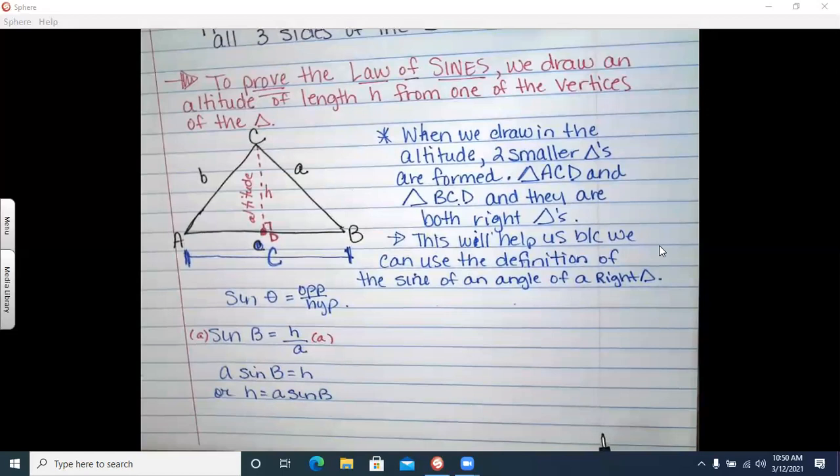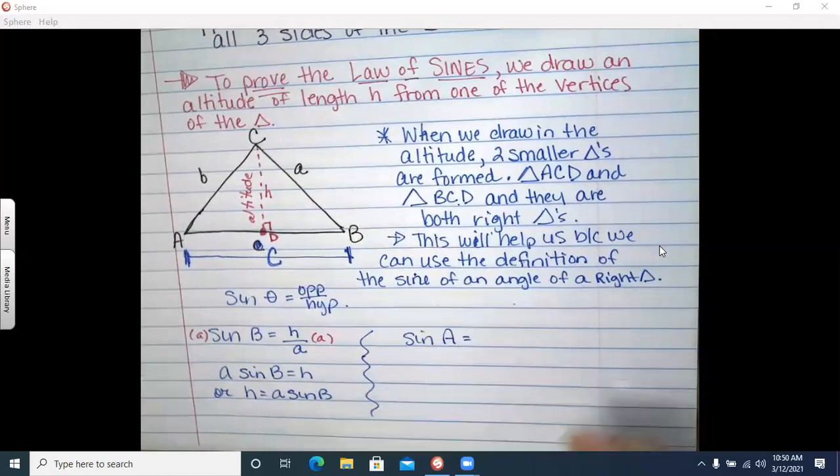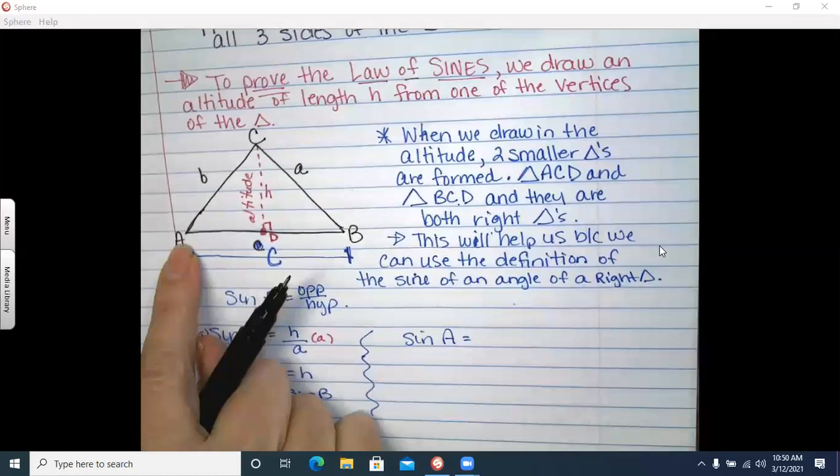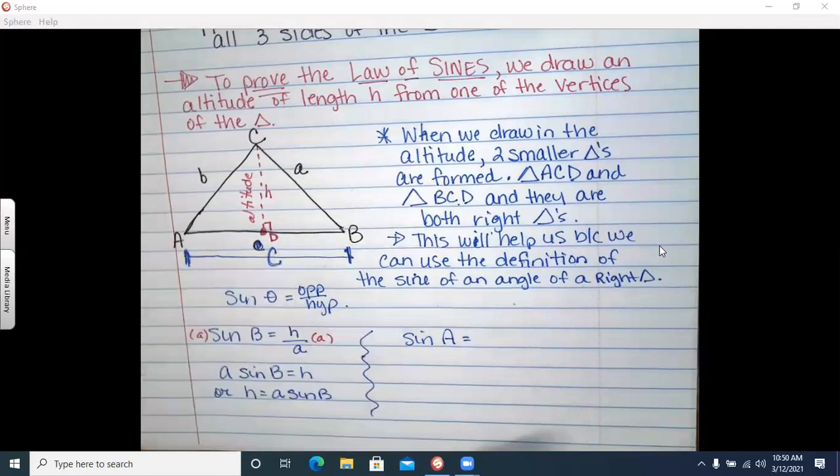Well, let's do the same thing, but let's find the sine of angle A. The sine of angle A equals, so we're looking at triangle ACD now, just a smaller triangle. So in triangle ACD, what is the leg opposite of angle A? H. And what's the hypotenuse of triangle ACD?